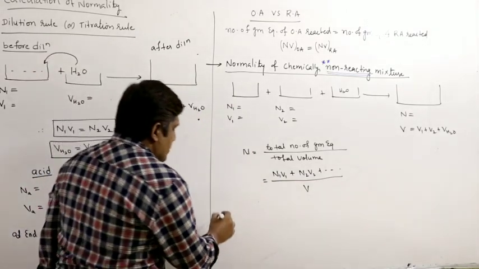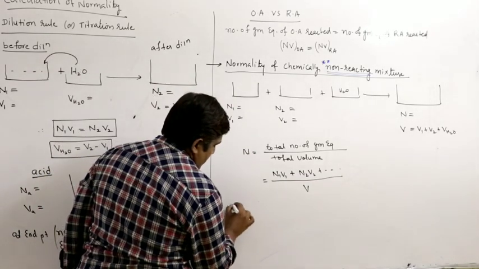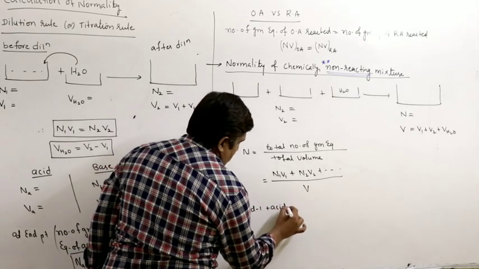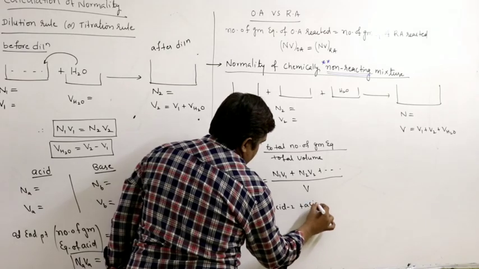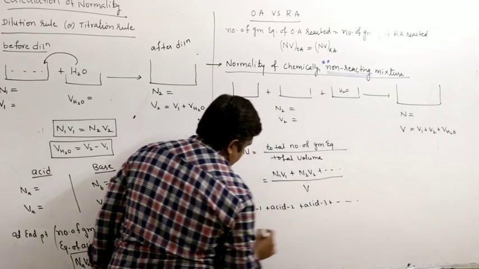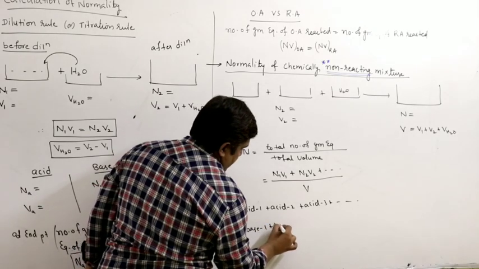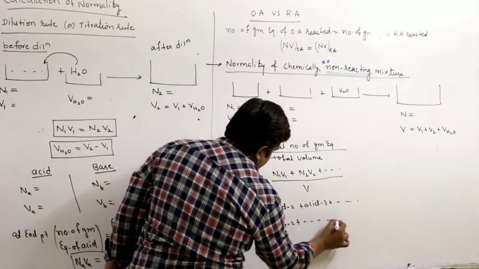So examples, acid 1 plus acid 2 plus acid 3 and so on. Or say you are mixing bases, base 1 plus base 2, and so on.